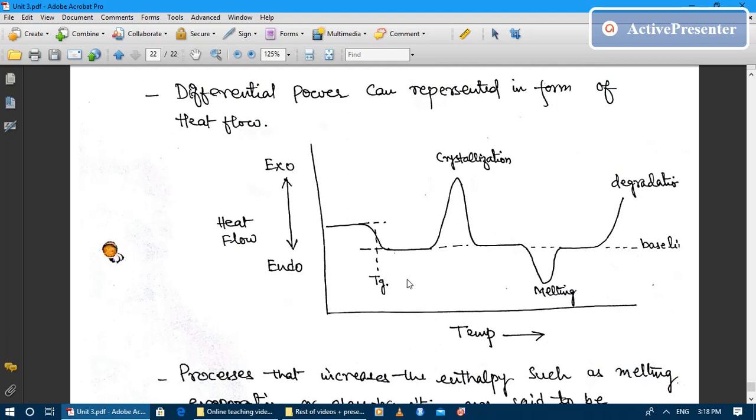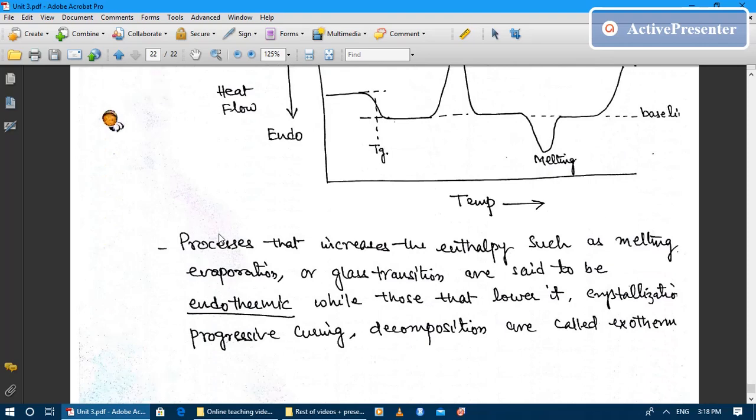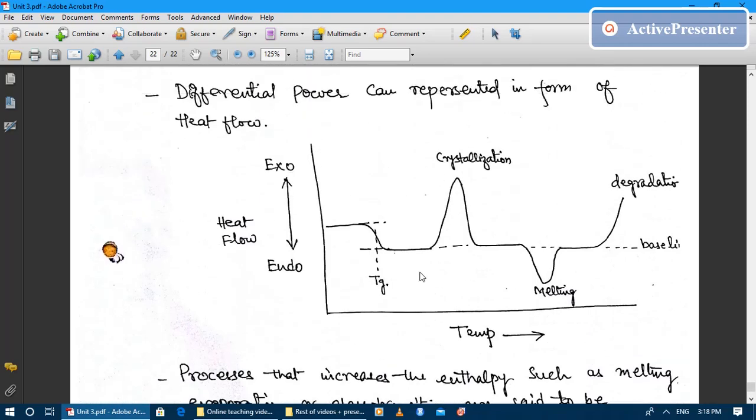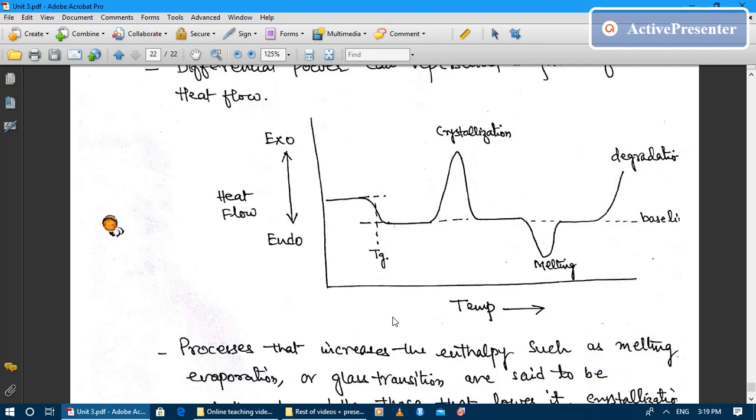I have already discussed all this in my lecture 1. So with the help of differential scanning calorimetry you can determine the glass transition temperature.